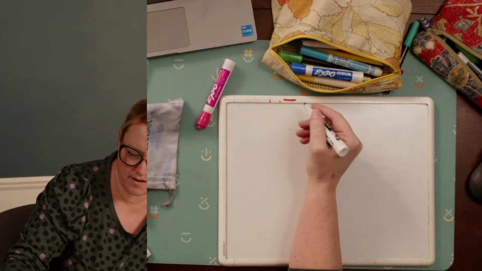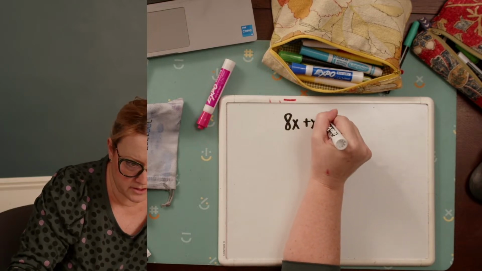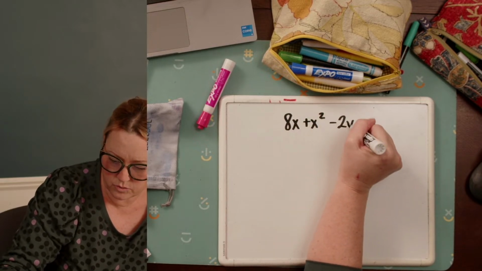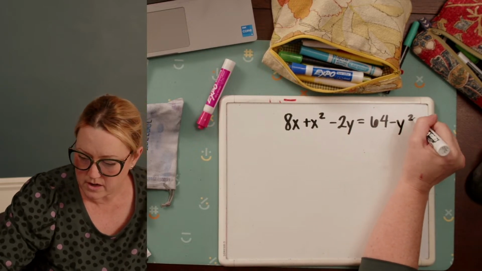So if we have 8x plus x squared minus 2y equals 64 minus y squared. Give me something like that.